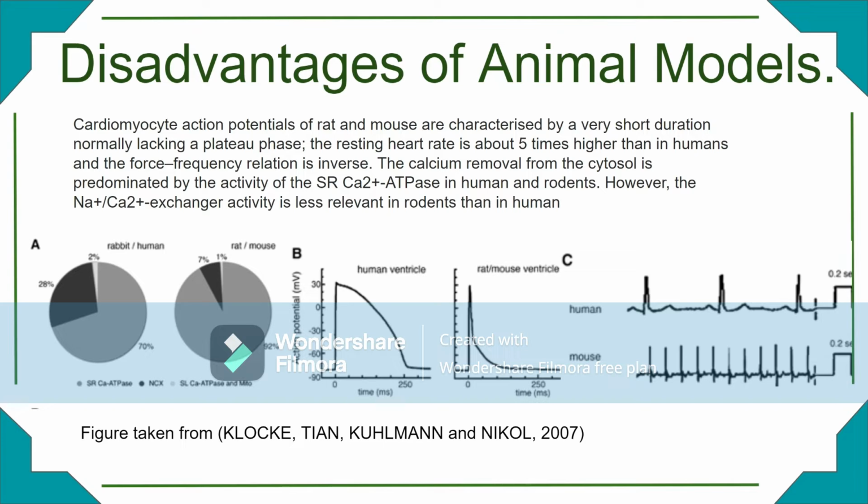First, cardiomyocyte action potentials of rats and mice are characterized by a very short duration, normally lacking a plateau phase. The resting heart rate is about 5 times higher than in humans, and the force-frequency relation is inverse. So these two differences are shown in graphs B and C.